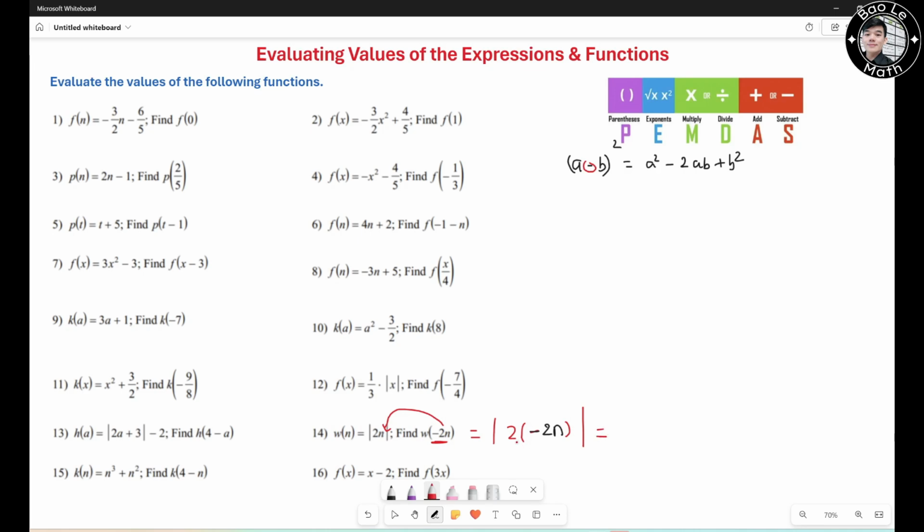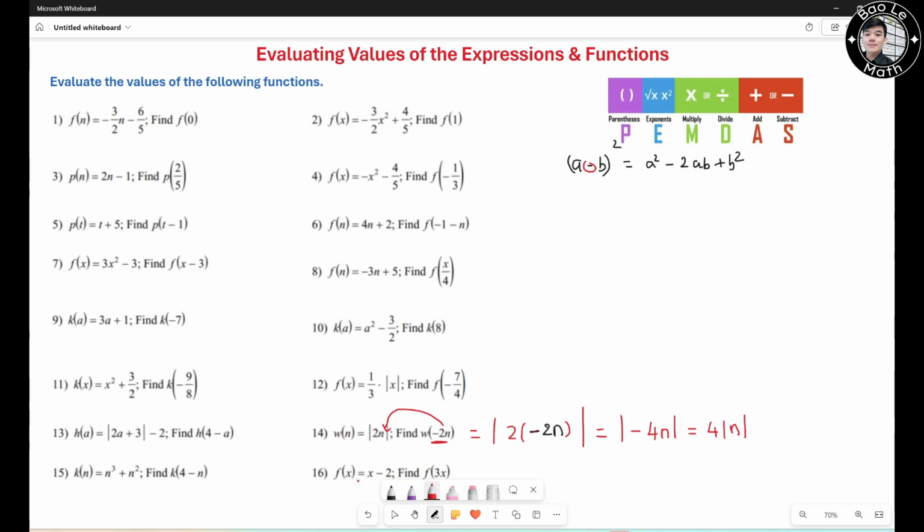So 2 times negative 2 is going to be negative 4, absolute value of n. Now, I can bring negative 4 outside by taking the absolute value of negative 4, which is 4, and I only have n inside the absolute value. Now you just leave the answer like this because you don't know if n is positive or negative.